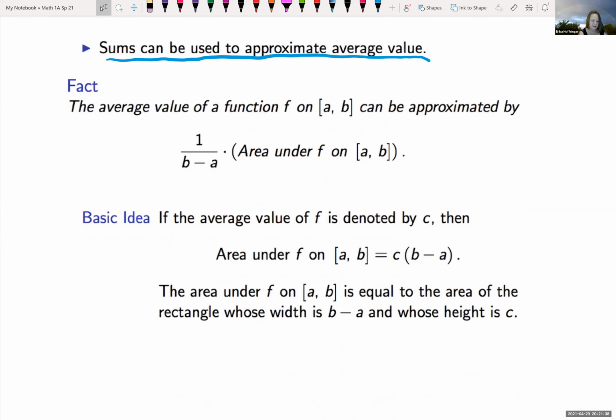In fact, the average value of a function f on an interval AB can be approximated by 1 divided by b minus a, times the area of f on that interval AB.